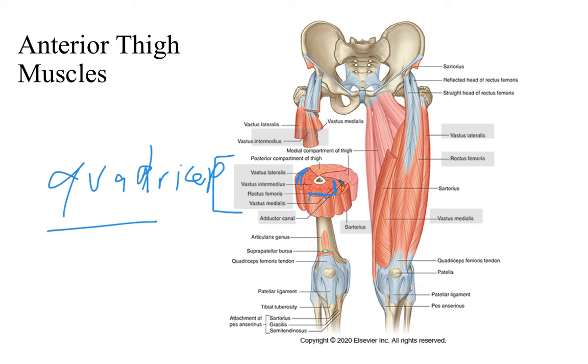Then if we take away the rectus femoris and look underneath, what we'll have is our vastus intermedius, and that's because it's intermediate between all three of the other muscles that we just mentioned. The other one that we're going to go over is the sartorius muscle, which is a thin band of muscle that runs from the medial aspect of the knee to the lateral aspect of the hip, and it's going to cross over the vastus medialis as well as the rectus femoris.